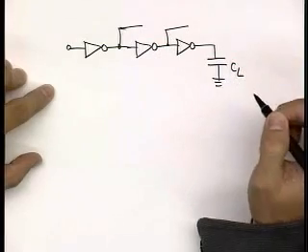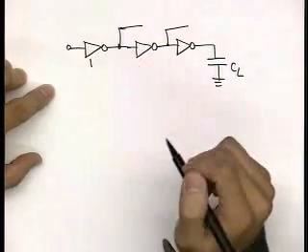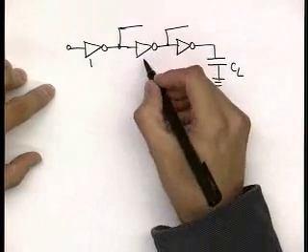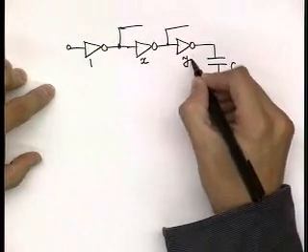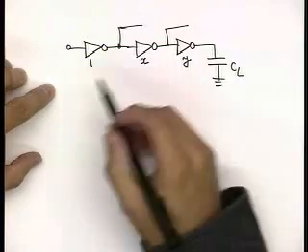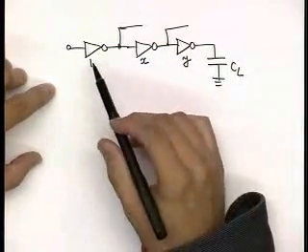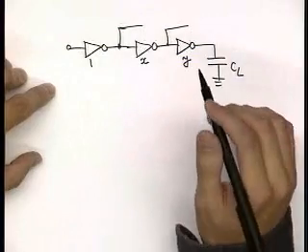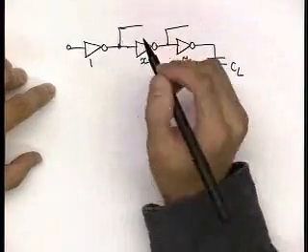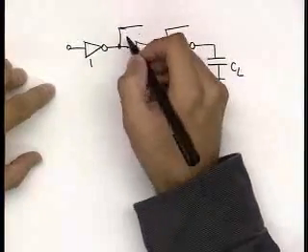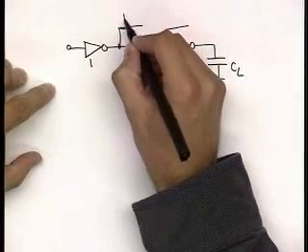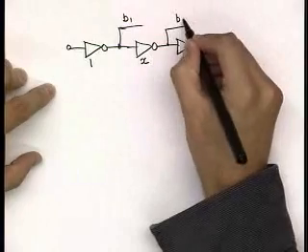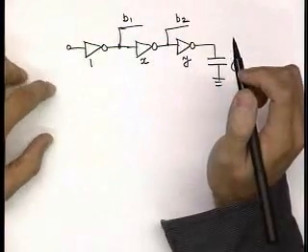You have a large load capacitance and a first stage that is unit sized, and what you need to determine is the size of the second and the third stage such that you satisfy a certain goal, for example, minimum delay. That's a good starting point. And then you also have some branching at the output of the first stage and branching at the output of the second stage.